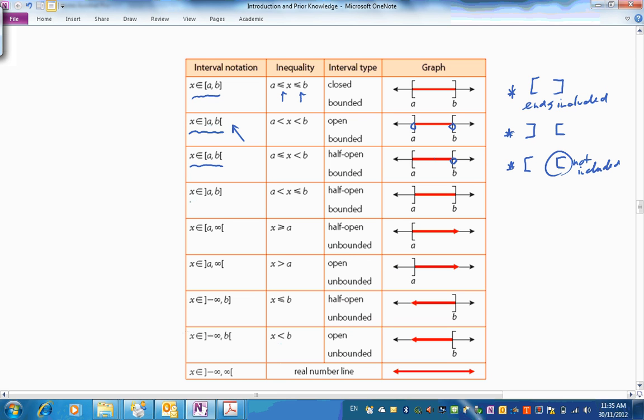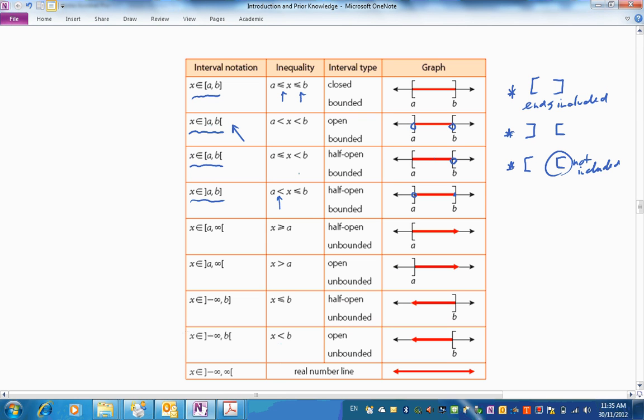And then the next combination, I think you're getting the idea that the closed one is included, so we'd make a shaded circle there and an unshaded circle there. It's half open because there's no equality to the bound on the bottom side, but they're all bounded.